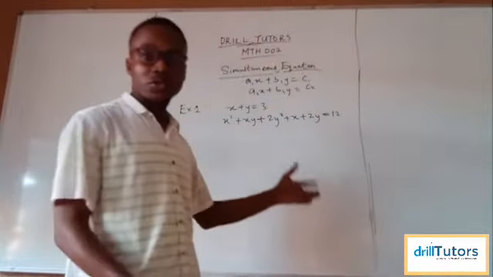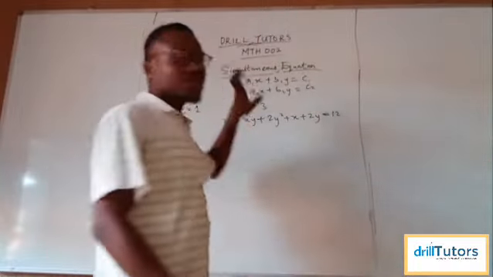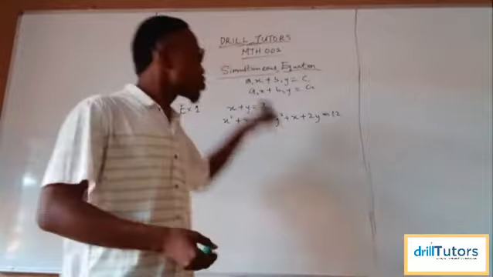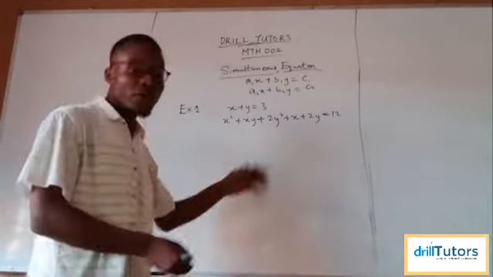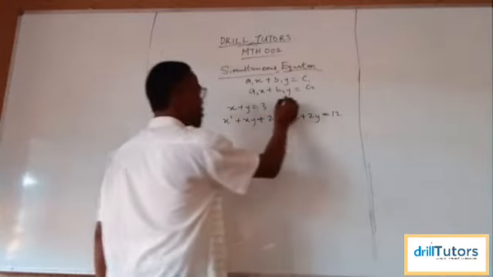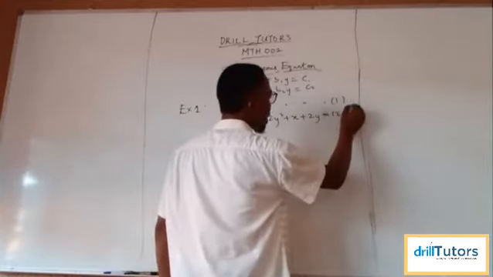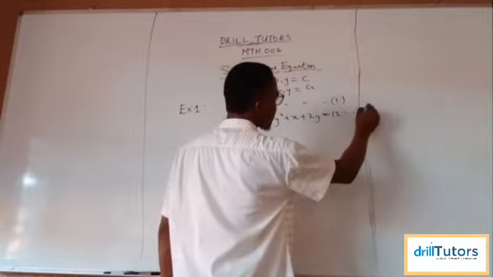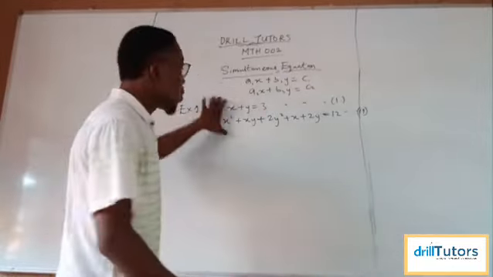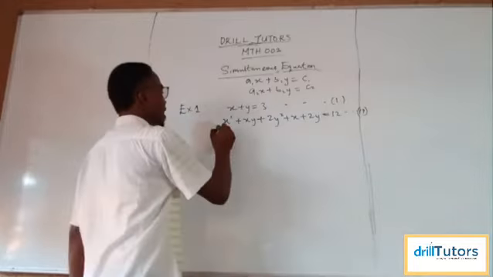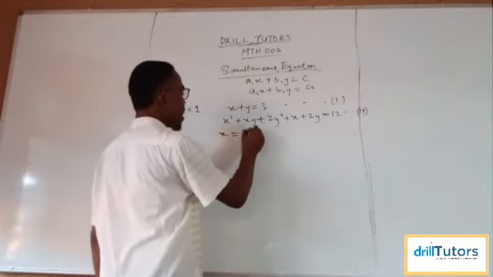Why is there an equation 2? Of course, because we have two different unknowns, so two equations are actually needed to find the solution. This is equation 1 and this is equation 2. In order to solve this, it's obvious from equation 1 that x is equal to 3 minus y.